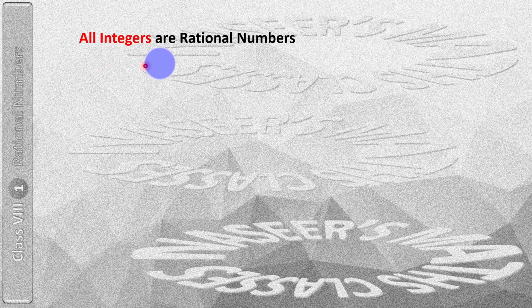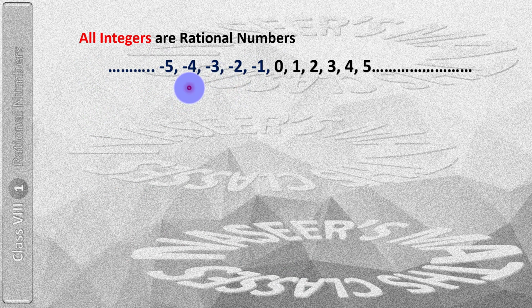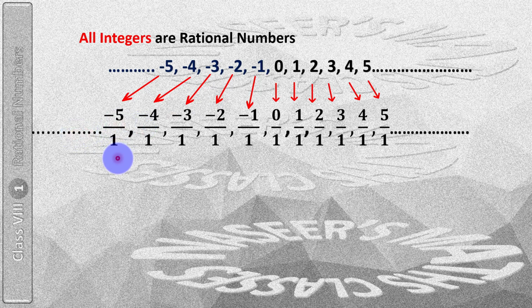Next, all integers are also rational numbers, because all negative numbers, 0 and positive numbers can be written in p by q form as minus 5 by 1, minus 4 by 1, minus 3 by 1, minus 2 by 1, minus 1 by 1, 0 by 1, 1 by 1, 2 by 1, 3 by 1, 4 by 1, 5 by 1 and so on.